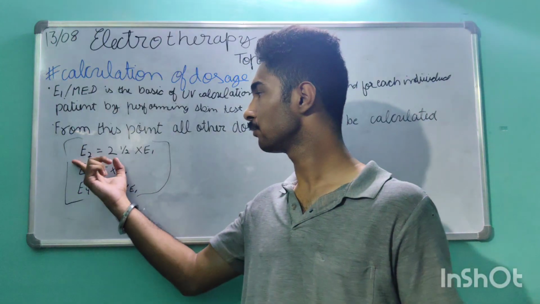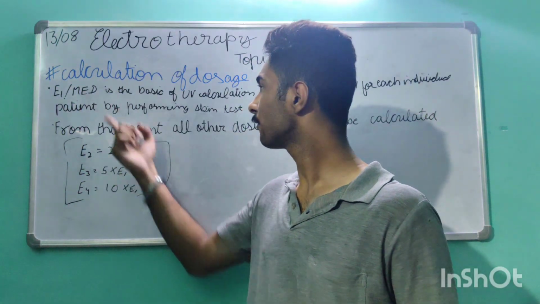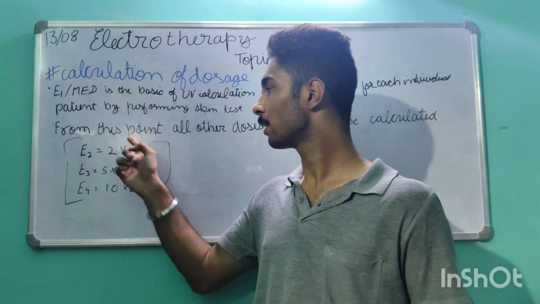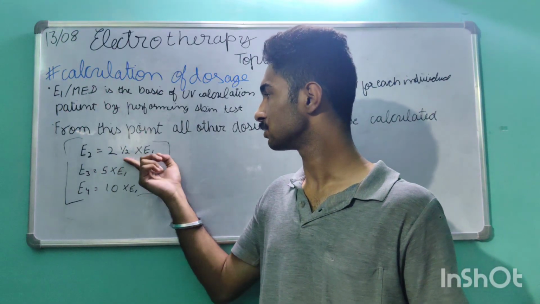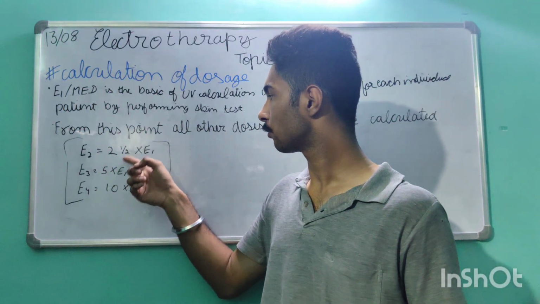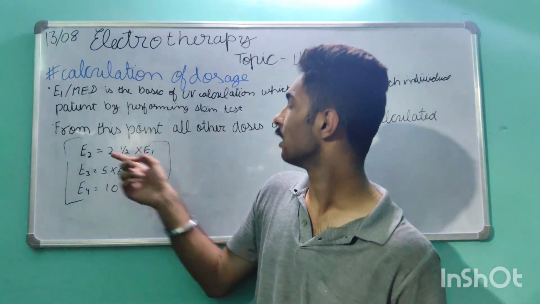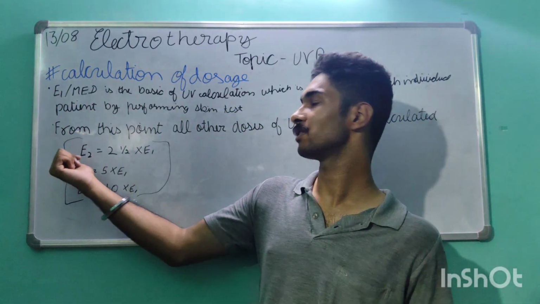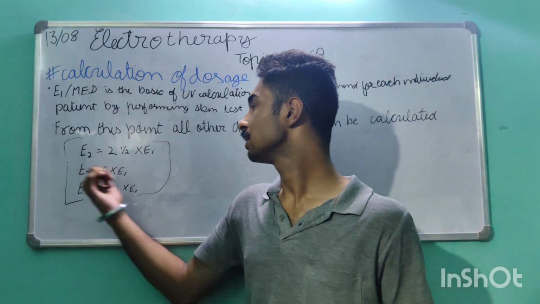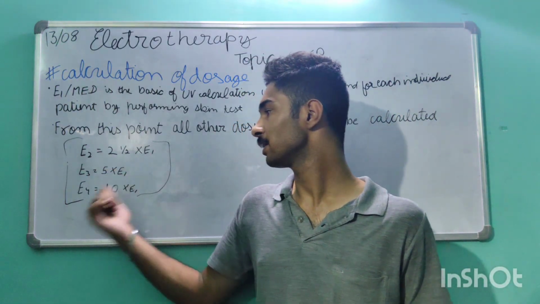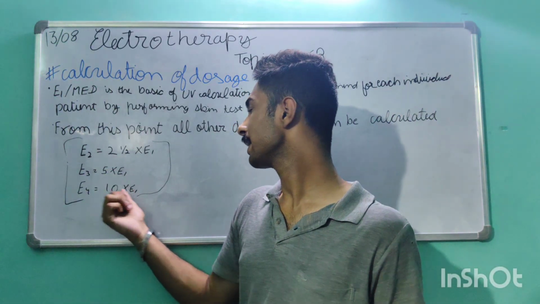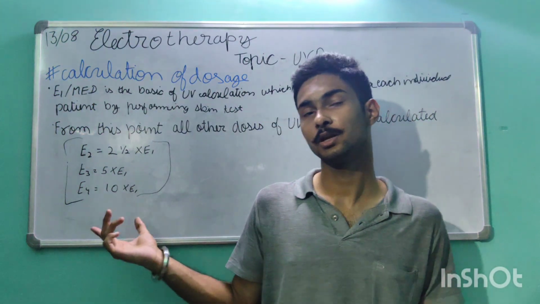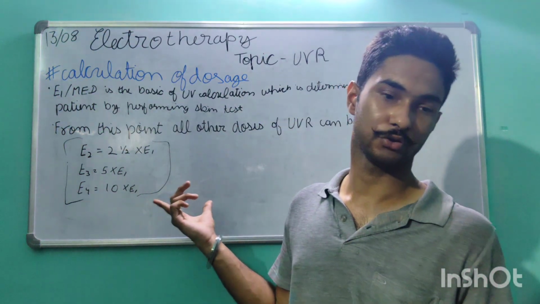If we want to know E2, after you get the E1 result, multiply it by 2 1/2, that is, 2 and a half. In E3, you multiply E1 by 5. In E4, multiply E1 by 10. You get the doses of UVR. It's the easiest calculation you can say.